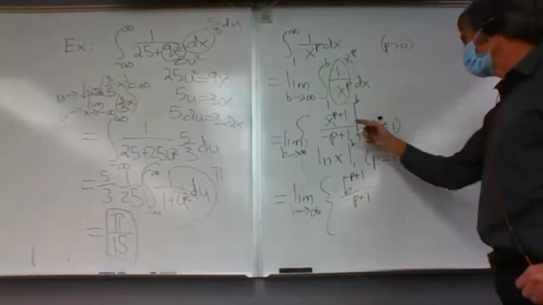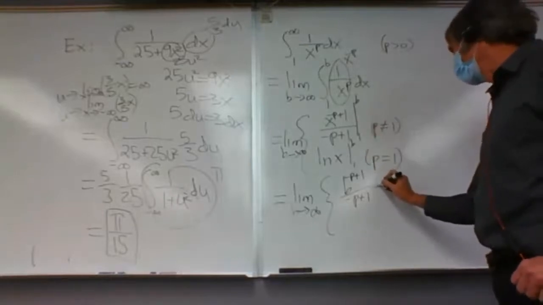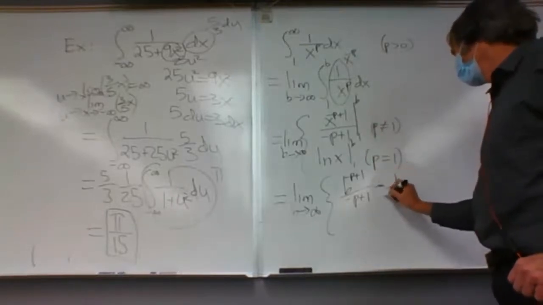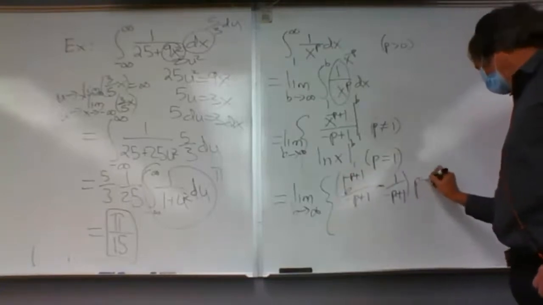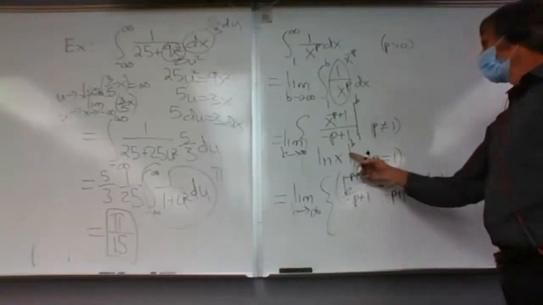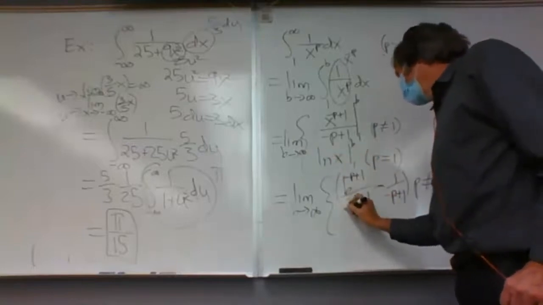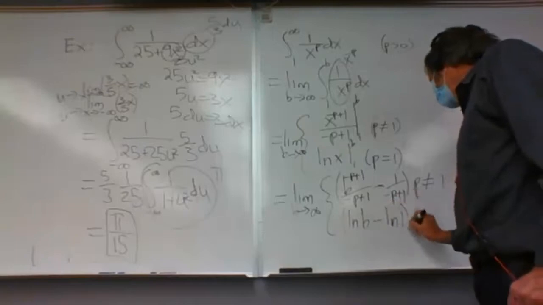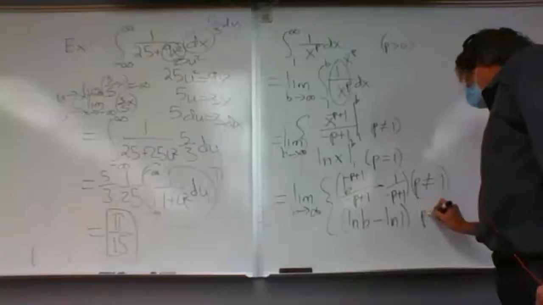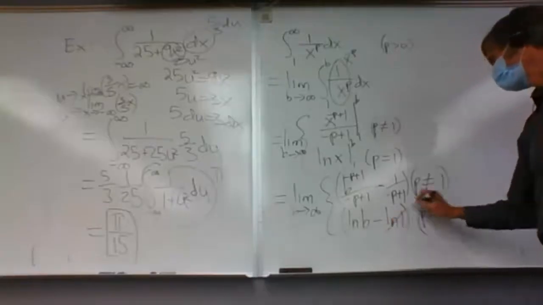I forgot to subtract 1. Minus 1 over minus p plus 1. That's if p isn't 1. If p is 1, then I have the limit of ln b minus ln 1. And ln 1 is 0.